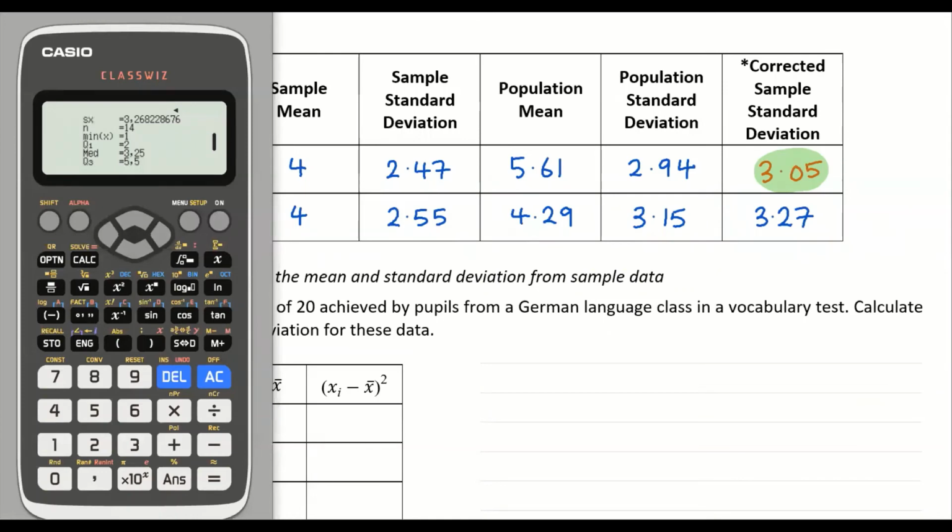So these are the SX values, the corrected values available on the ClassWiz. And remember, if you're using the method by hand, where you're using the table, you need to divide by n subtract 1 to get that correction.